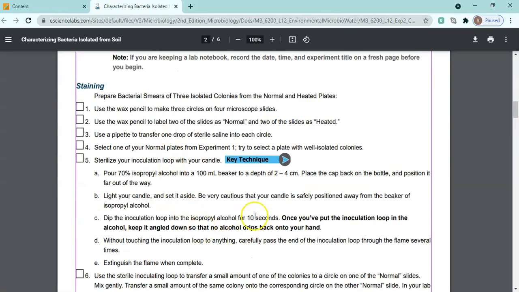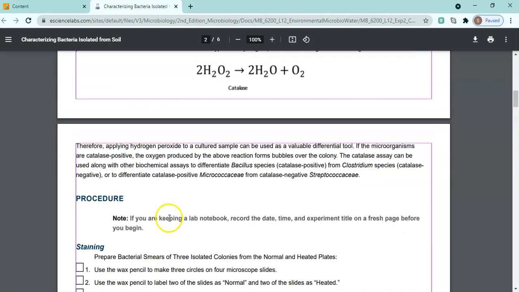So make sure that you're familiar with the way that you set up the lab, specifically with your candle, and using that to set up your inoculating loop and prepare your stains.